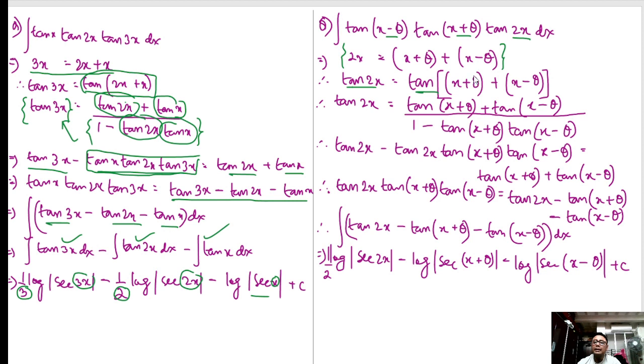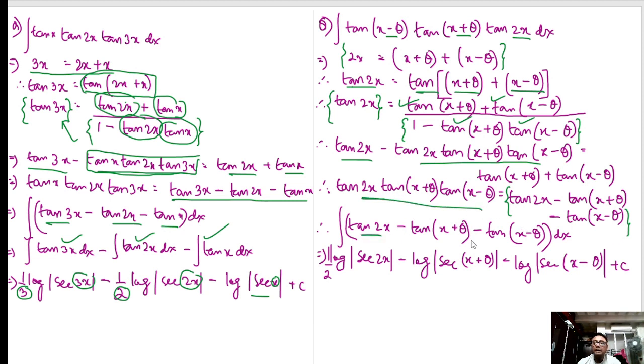So it is looking like tan A plus B, which is tan A plus tan B by 1 minus tan A tan B, and now cross multiplying this with this, we get this, and separating this term, we get this term. That means instead of this we can write this.